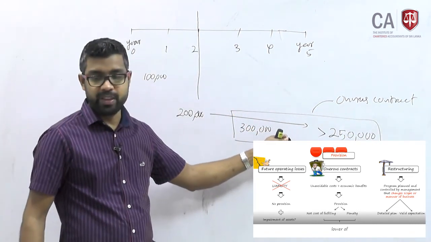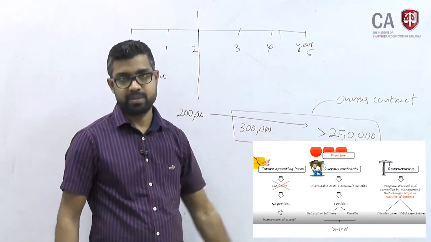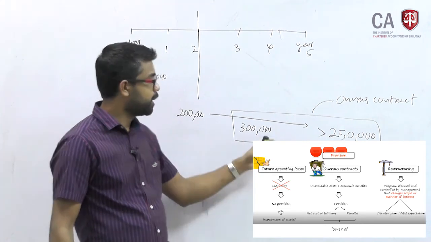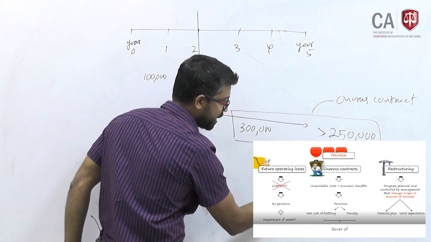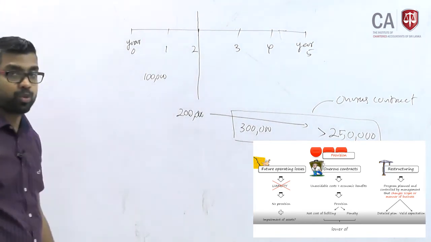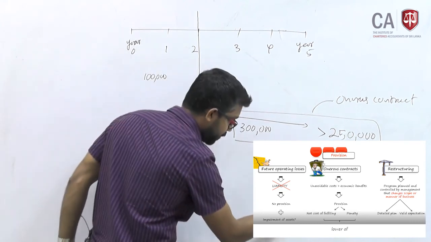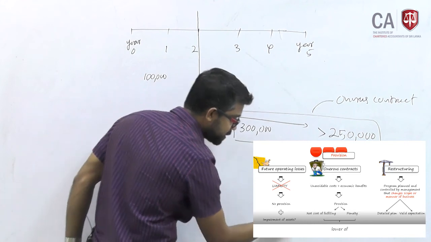The cost of fulfilling the contract is higher than the economic benefits. This is an unavoidable cost. How do we make the provision? Yes, you can make a provision. The provision should be the lower of these two.